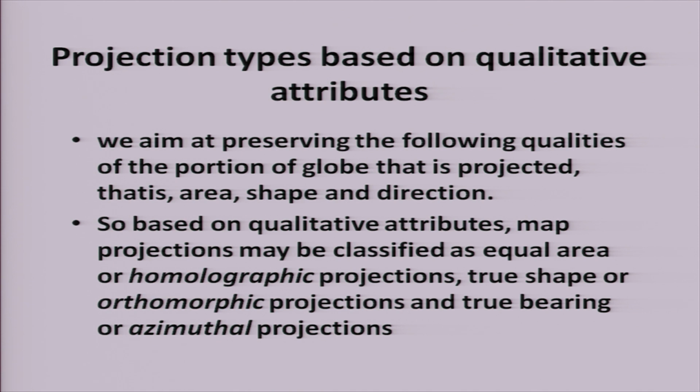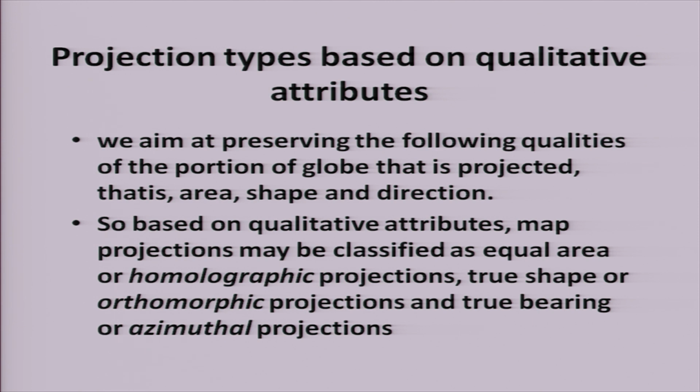Now let me also have a quick recap of how we divided projections on the basis of qualitative attributes. When we are transferring the graticules of the three-dimensional Earth onto a two-dimensional surface, we are not preserving all the properties of the three-dimensional Earth.